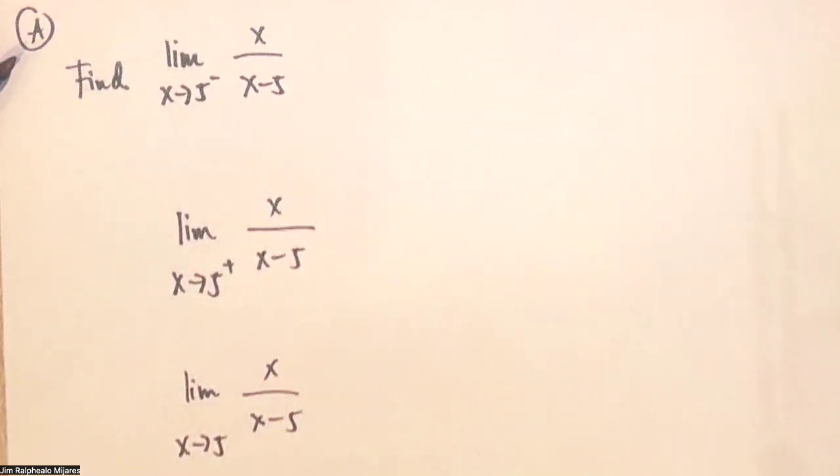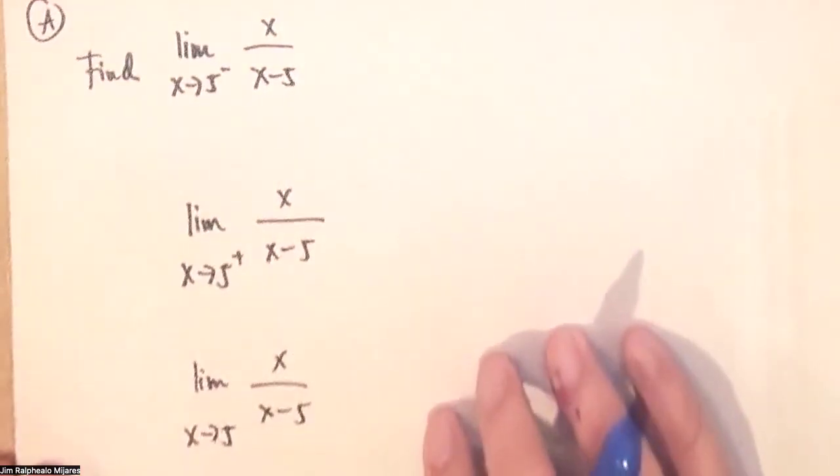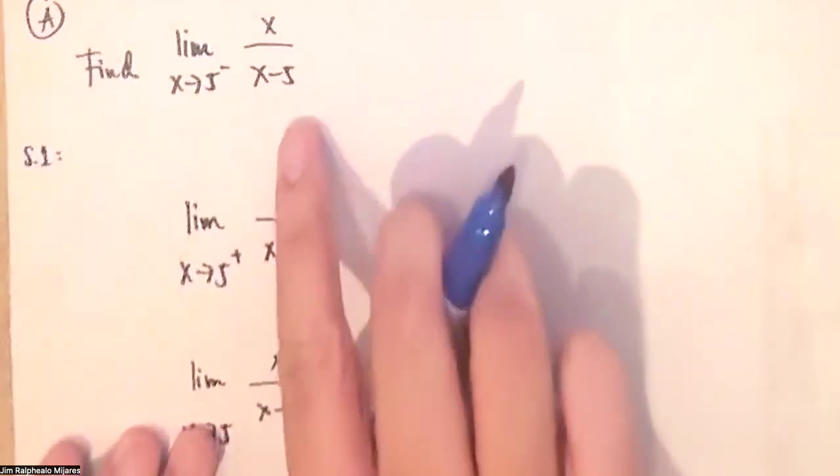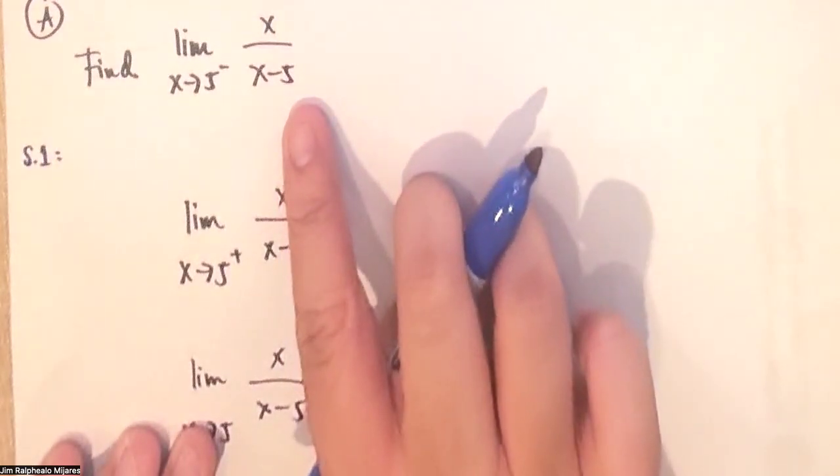Now, what you can do is step 1, 2, and 3. Step 1, what will make the denominator 0? The answer is x minus 5, so equate this to 0, it's x equals 5.